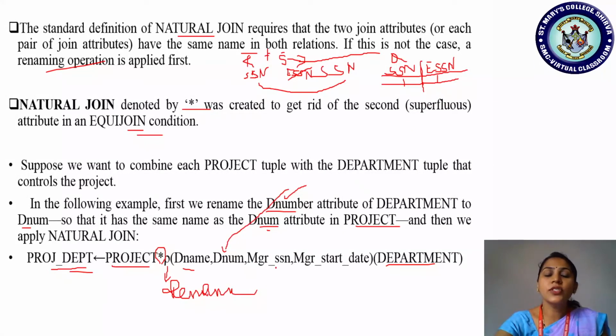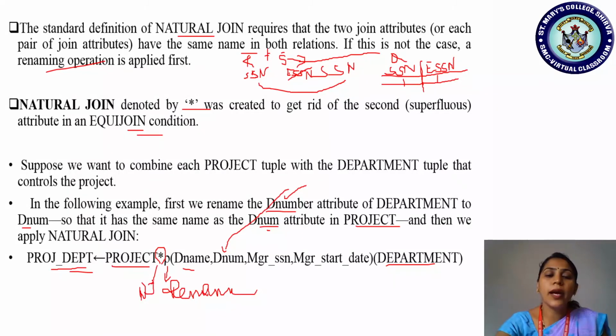Dnum. Which is the other attribute? Manager SSN is kept as it is, then manager start date is taken. All the remaining are as usual, only we have changed Dnum. So rename with these attribute names for which relation? The department relation.